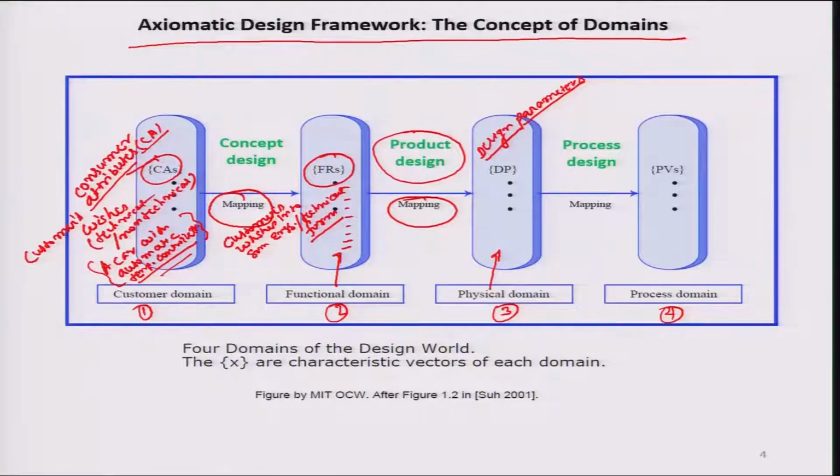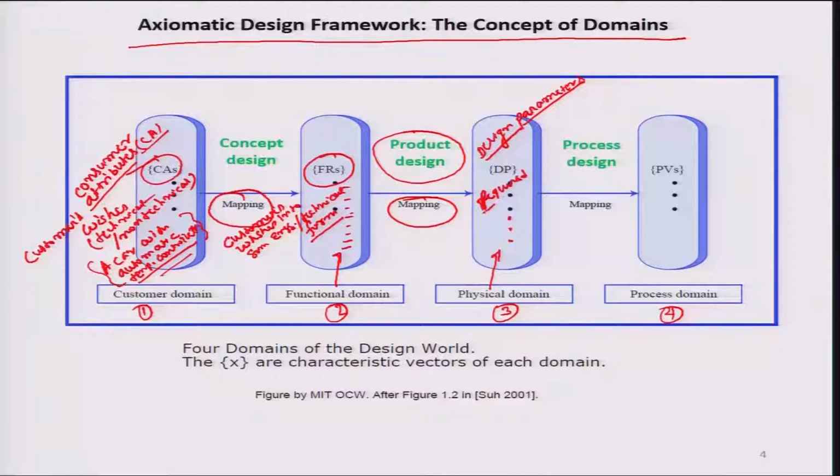It describes the design in a physical solution space, and design parameters are the physical characteristics of a particular design that have been specified through the design process. So whatever requirements you have, you will have to choose the required design parameters accordingly.